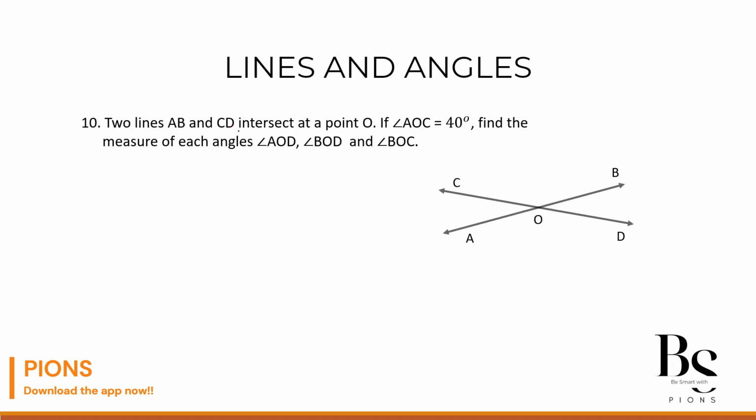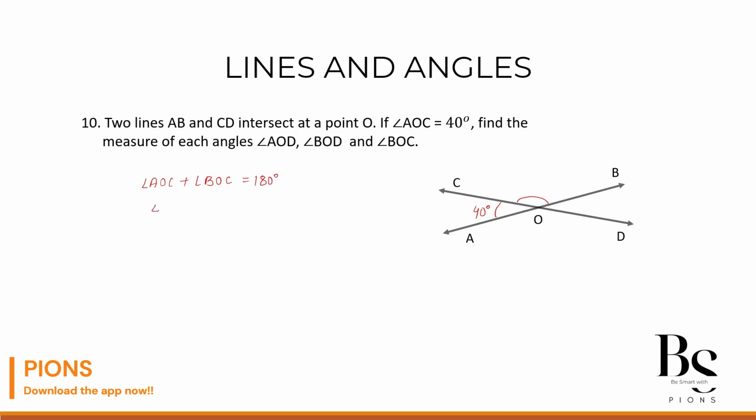Question 10 says, two lines AB and CD intersect at point O and angle AOC is 40 degree. So angle AOC is 40 degree here. Find the measure of each of the other angles. So since AB and CD are straight lines, angle AOC plus angle BOC will make 180 degree. So this angle plus this angle must be 180 because that is a linear pair.